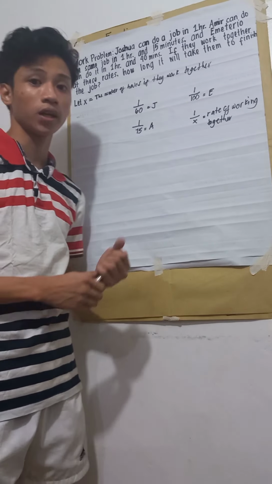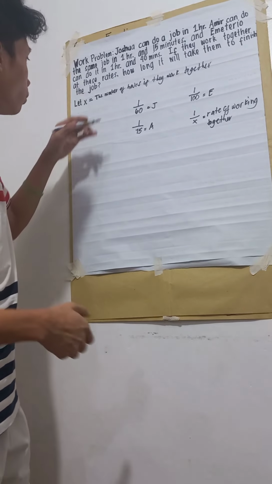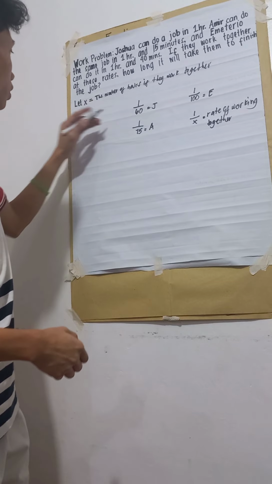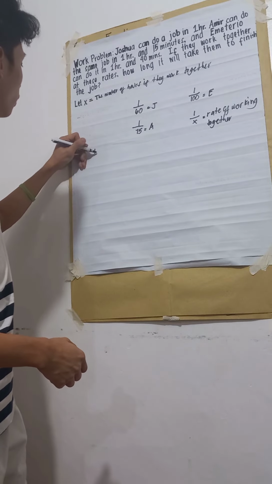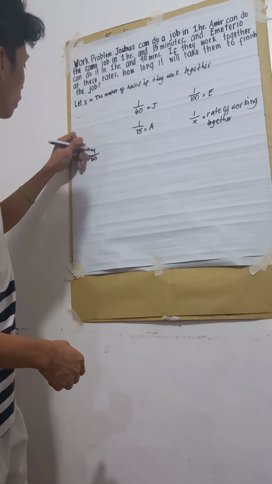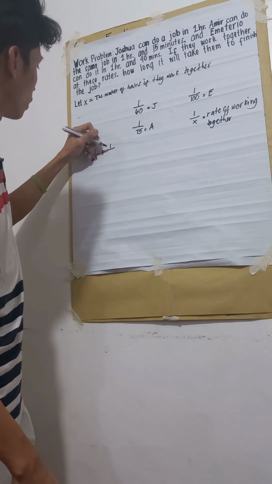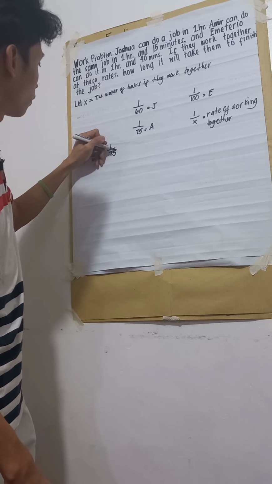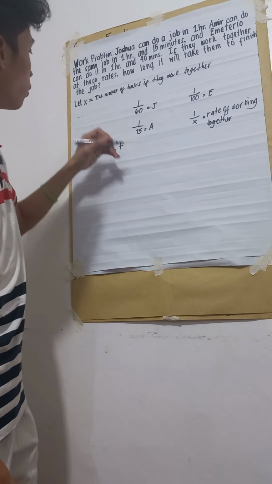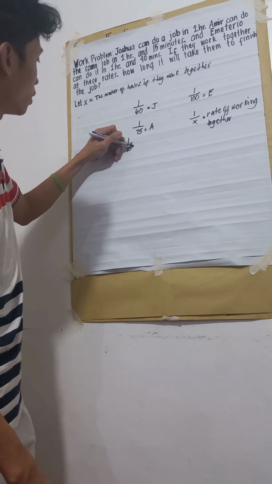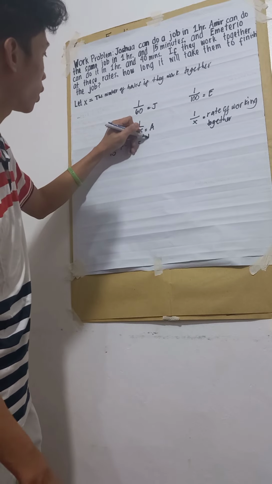Next one, we're going to make an equation. So that would be 1 over 60 plus 1 over 75 plus 1 over 100 equals 1 over x.